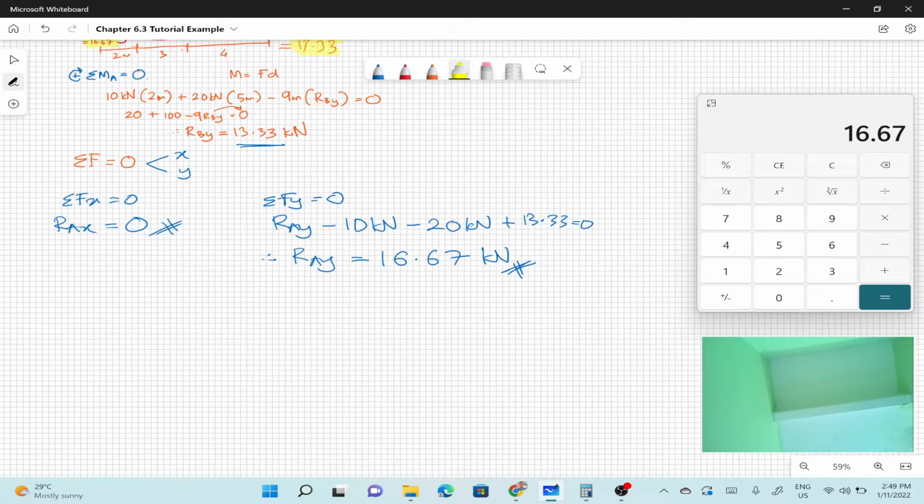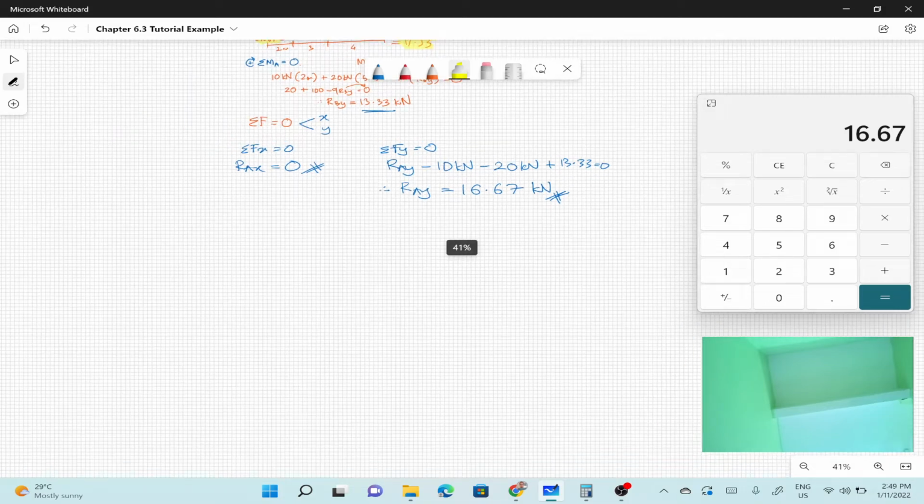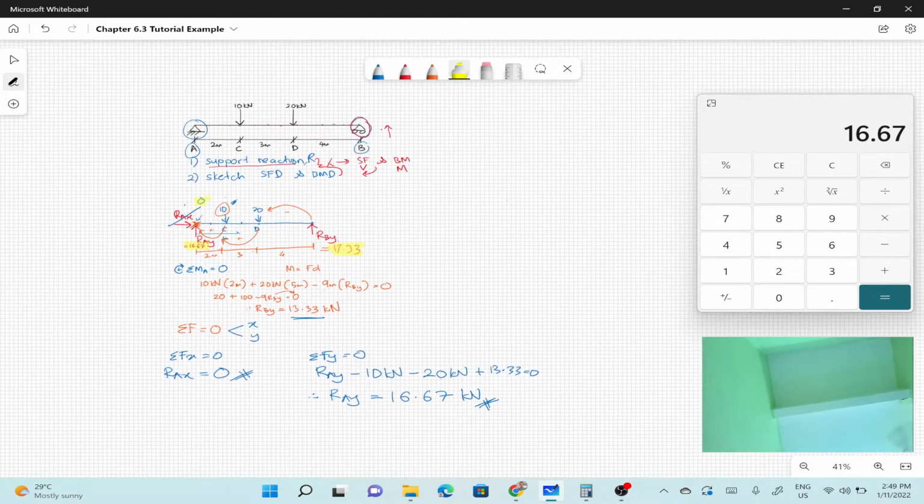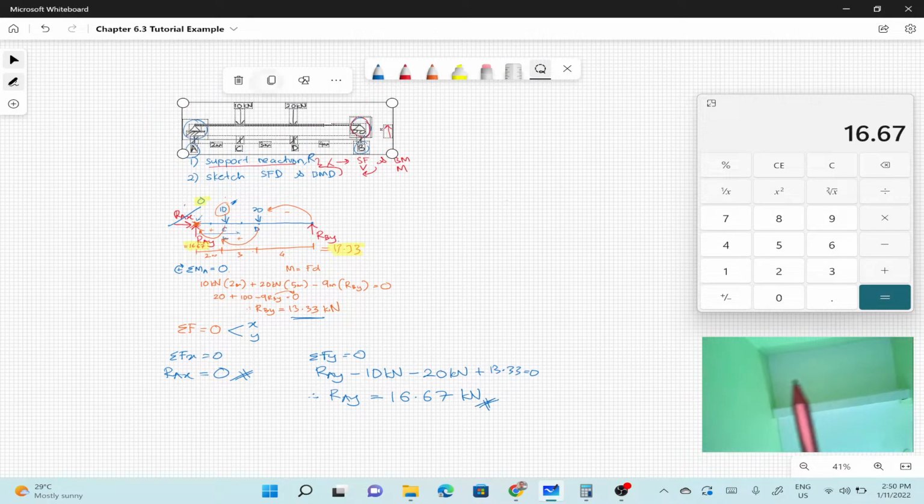Now we want to draw the shear force and bending moment diagram. So the rule is, class, you want to redraw the question. Okay, you want to use back the question here. I'm just going to take the question here. Let's copy that.